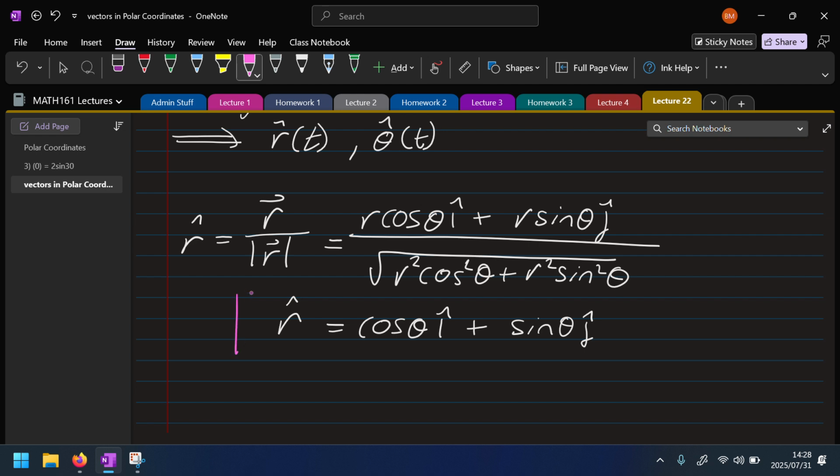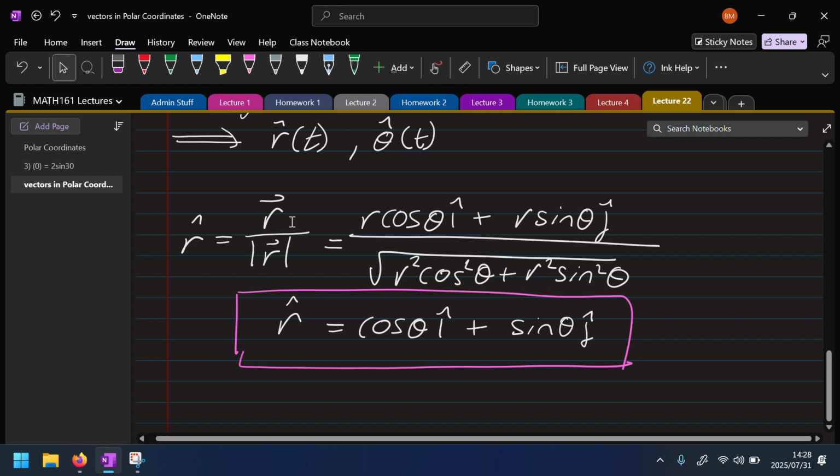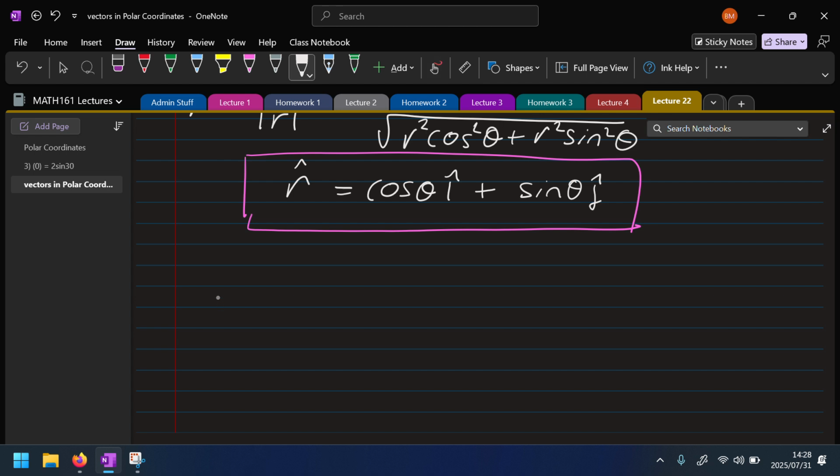Please put a box around that. If that's the unit vector r hat, we can now rewrite our position vector in terms of r hat. So we got position vector r, that was r cos theta i hat plus r sin theta j hat.